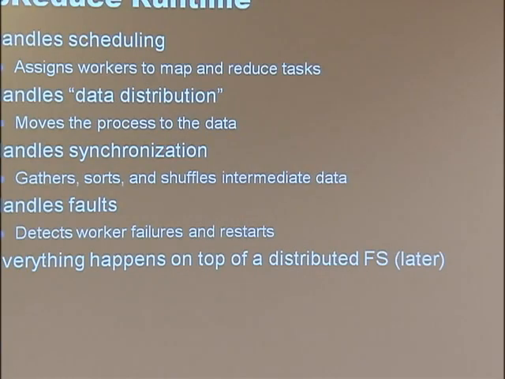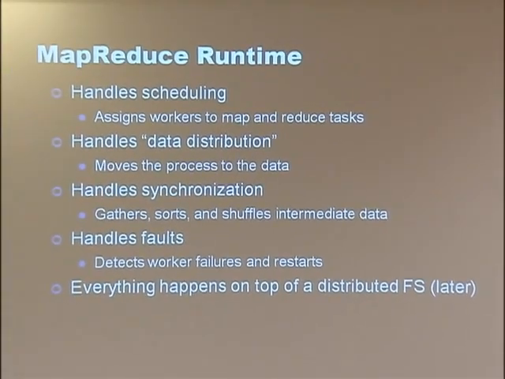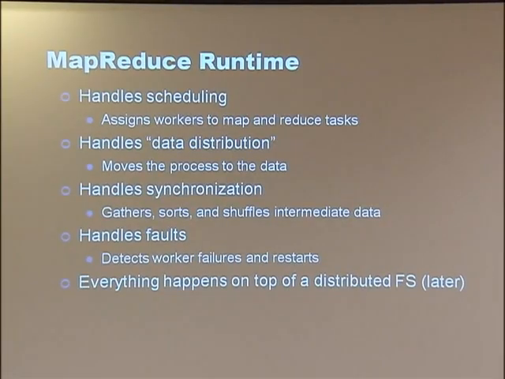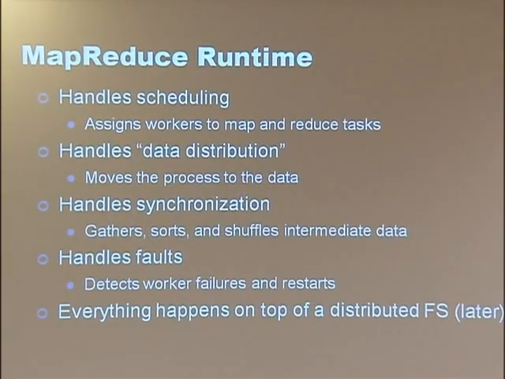Okay, so what exactly does the MapReduce runtime do? You write the mapper and the reducer, and basically the runtime takes care of everything else. It takes care of scheduling, assigning workers to do the mapping and the reducing. It handles data distribution, which I'll talk about in a little bit.